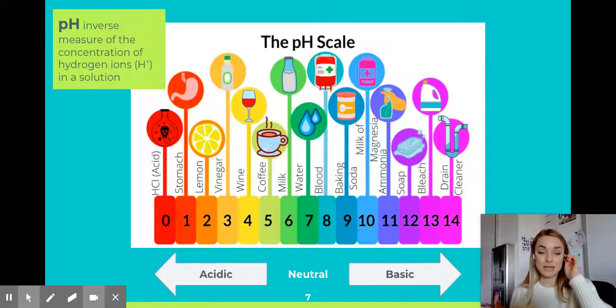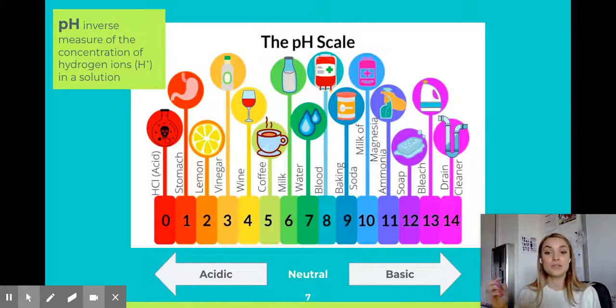If you've heard of acids and bases, you might also have heard of the pH scale. The pH scale goes from 0 to 14, and it tells us how acidic, neutral, or basic different materials are. We use the different numbers, and we can use decimals as well, to talk about how great the concentration of hydrogen ions is in any given solution.